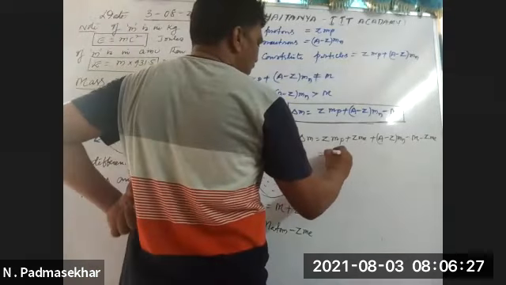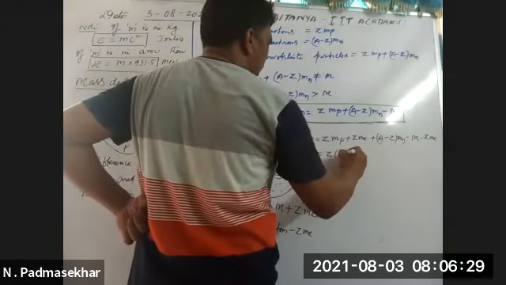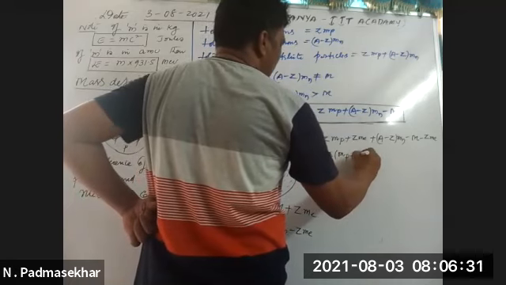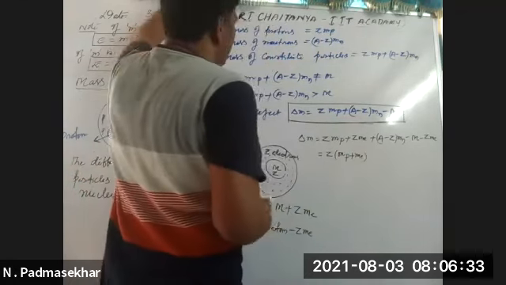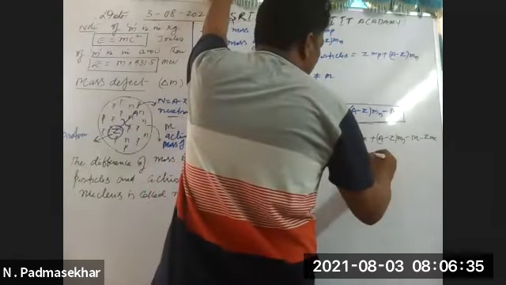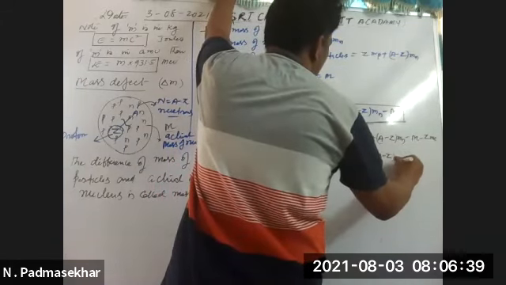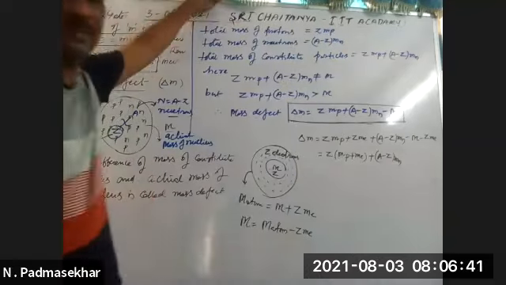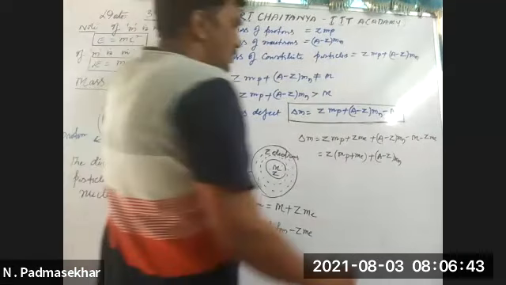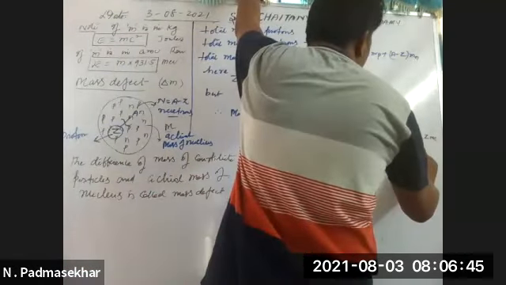Then we can write Z into MP plus Me, plus A minus ZMN, minus of M plus ZMe.